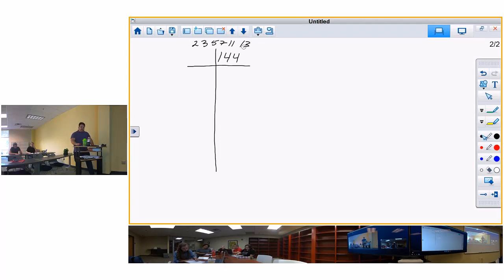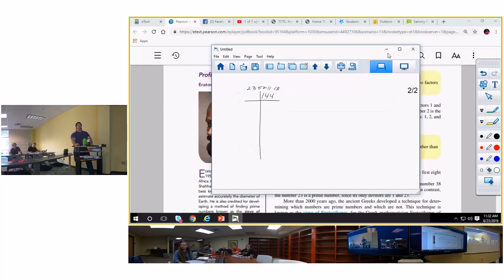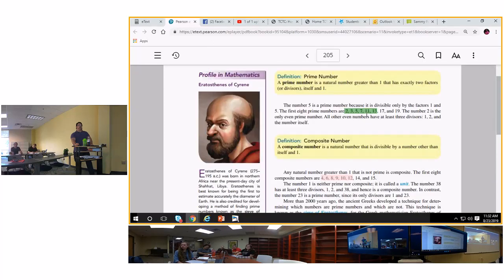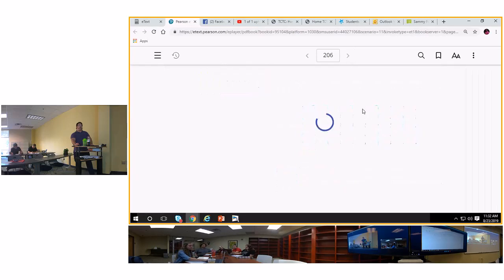Now, let's go to a chart in your book. I'm going to take off from this for a second. Now, bear with me because I do this sometimes. And rules of divisibility, page, hold on, I'm looking to see if they have it on page 206 or not. Okay.